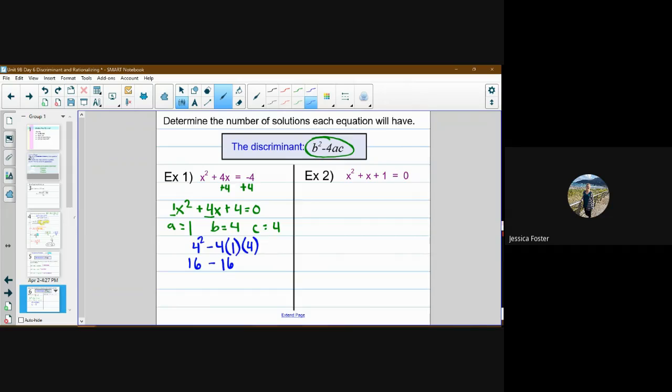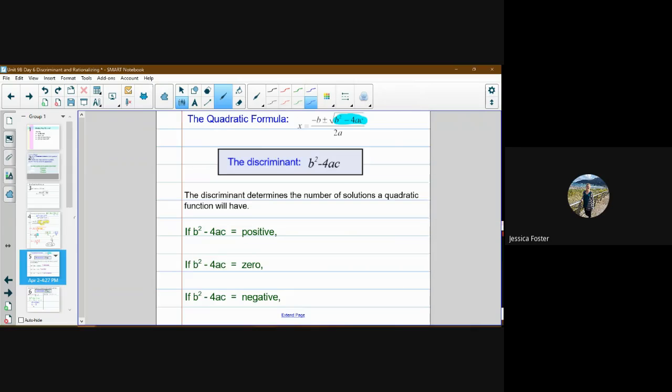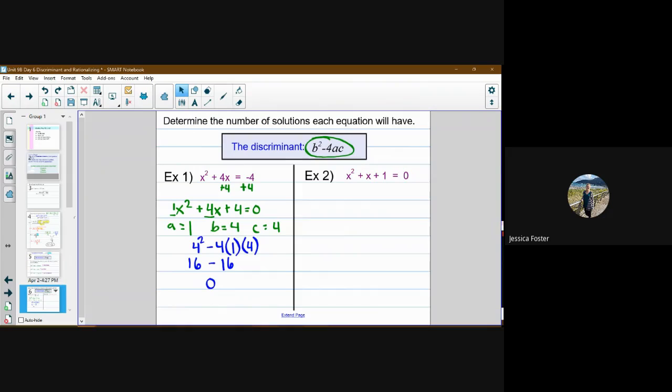Now I can subtract. 16 minus 16 is 0. So since my discriminant has a value of 0, we said there's going to be 1 solution. So this problem right here, this original equation, x squared plus 4x equals negative 4, will have just 1 solution.